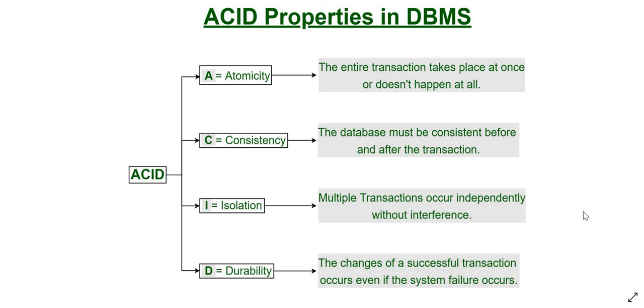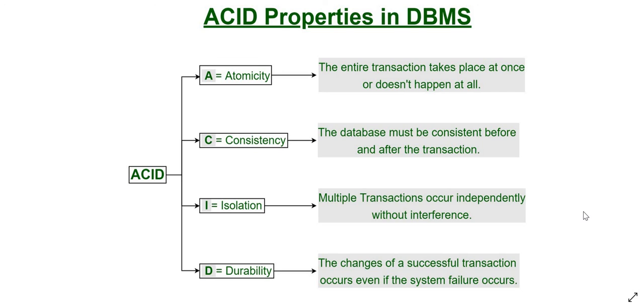So this is what durability does. It makes sure that whatever changes are happening, those changes are permanent. They should not be temporary. If you are transferring money from your personal savings to an FD or anything, whenever you are crediting or debiting the amount, it should be permanent.